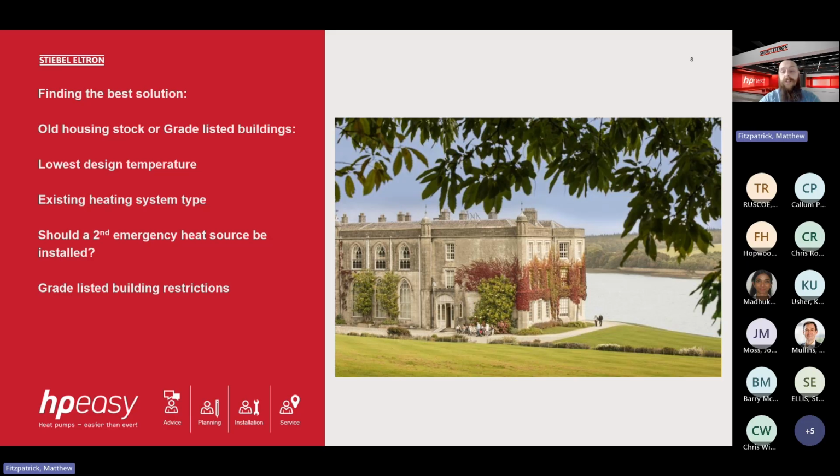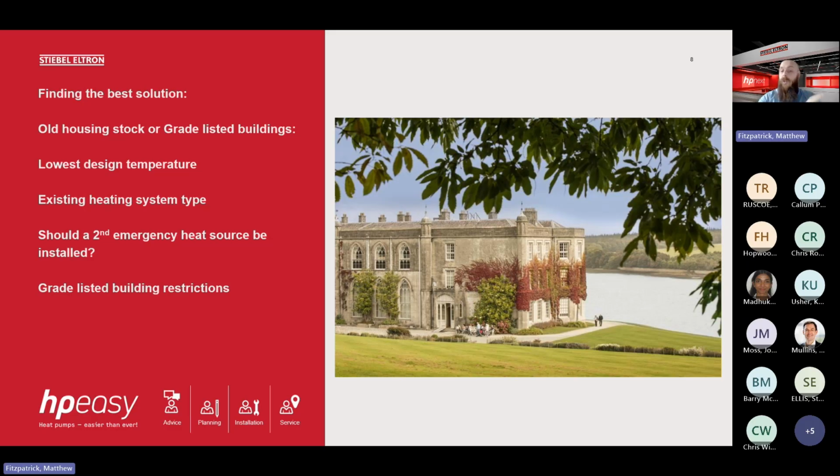You will see a lovely 18th, 19th century property on the screen. This isn't AI generated. This is a property called Plasnoeth in North Wales, just off the Menai Straits. This currently features our ground source heat pumps, and we're extracting the water from the Menai Straits and using that as our environmental source. Now, originally this property had oil boilers.